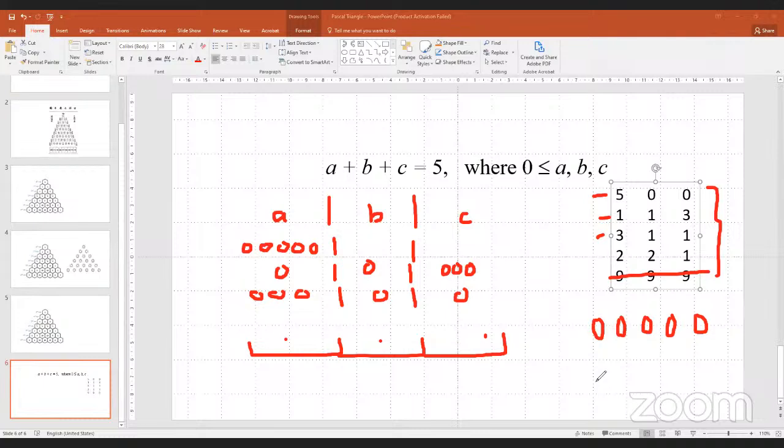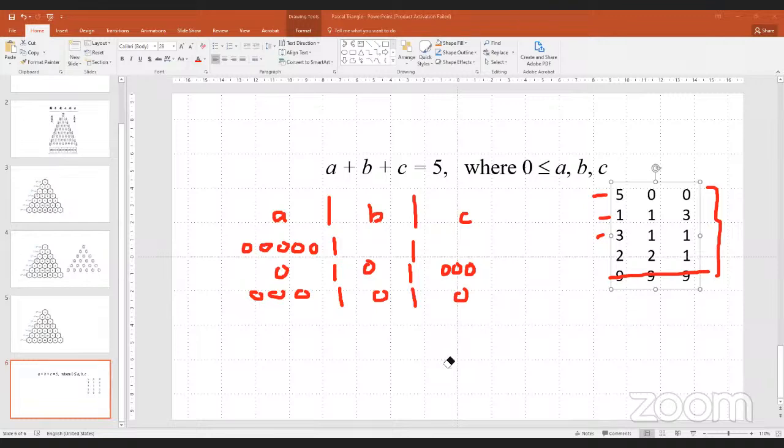So we look at here. This problem, you convert to another problem, which will have the same solution. Just going to delete this one.